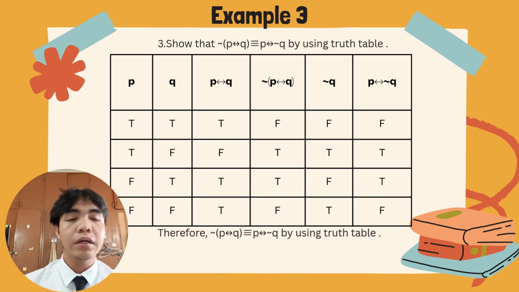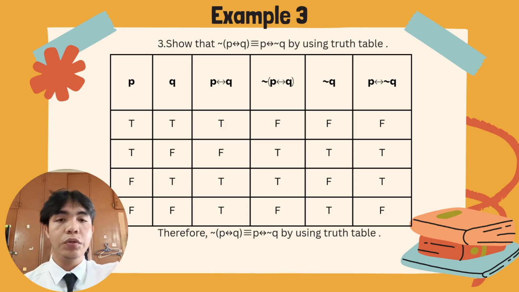By looking at both of the truth values of ¬(P ↔ Q) and P ↔ ¬Q, we see that both are the same. Therefore, ¬(P ↔ Q) is equivalent to P ↔ ¬Q.